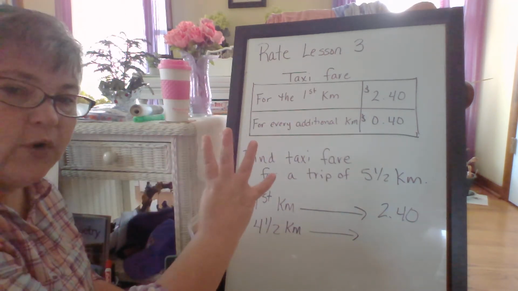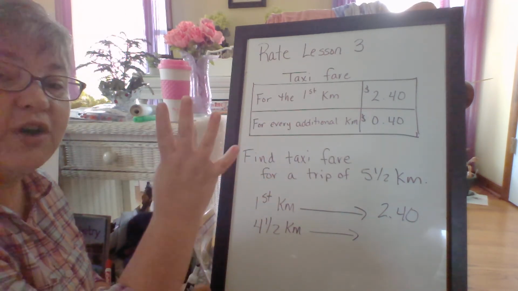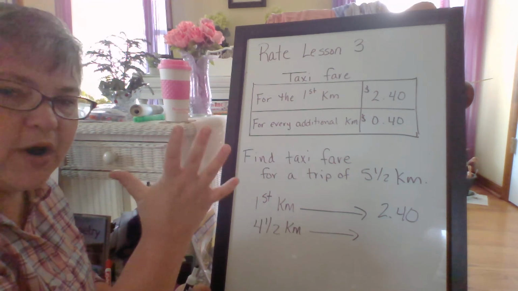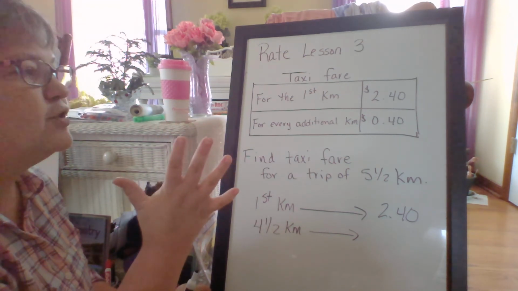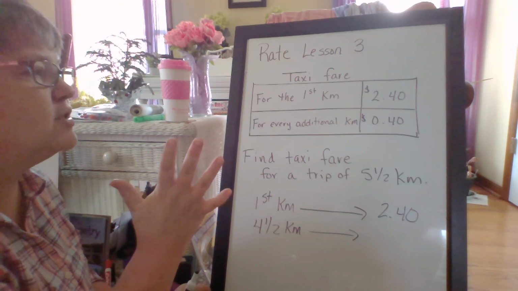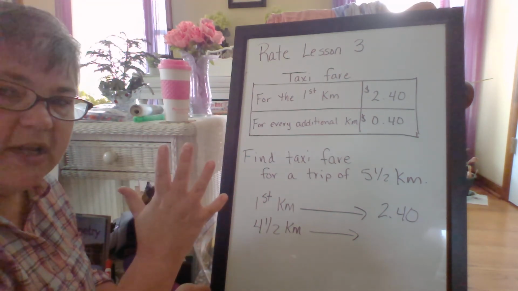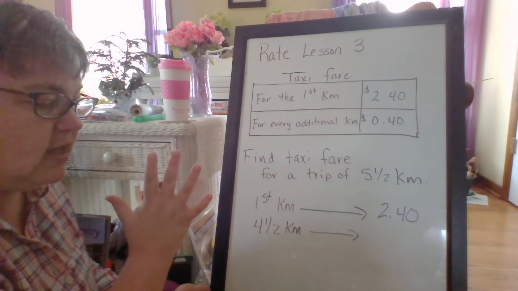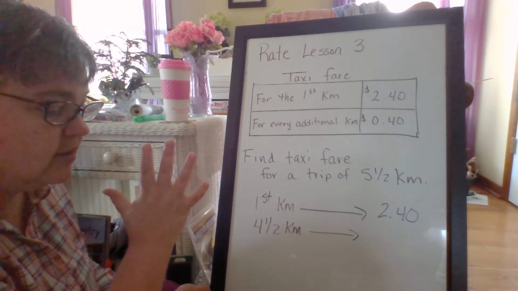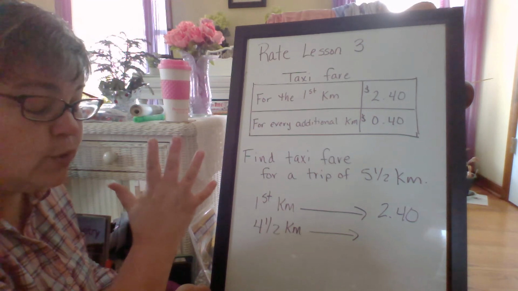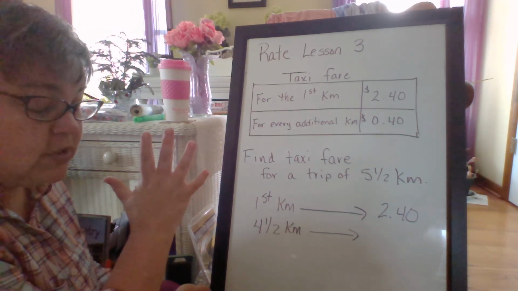So we know it's 4 kilometers, but then there's also what? Part of another one. So when you're doing this, you're always going to round up. You're always going to go to the next one in all of these, the parking lot, the postage stamp, the postage rate.